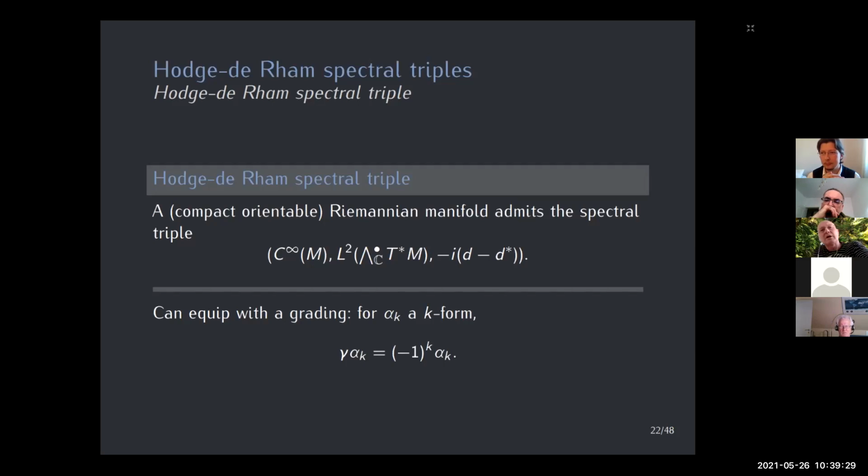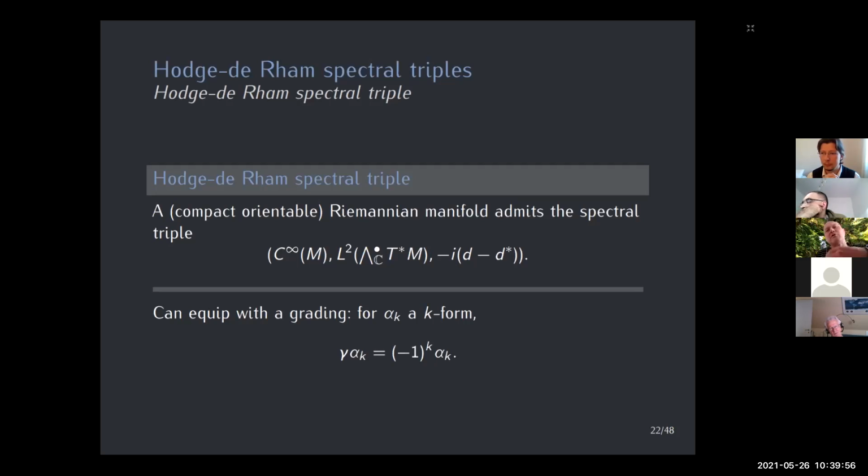Okay, I have another question about this operator. So d plus d star or minus I times d minus d star, they are both particular cases of combinations like, let's say, u d minus u inverse d star, where u is a complex number of absolute value 1.